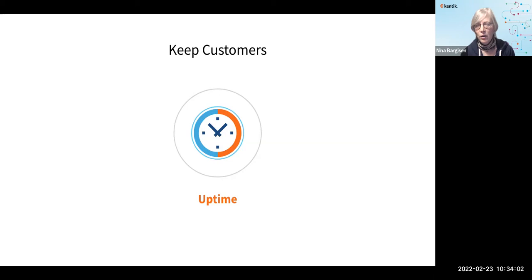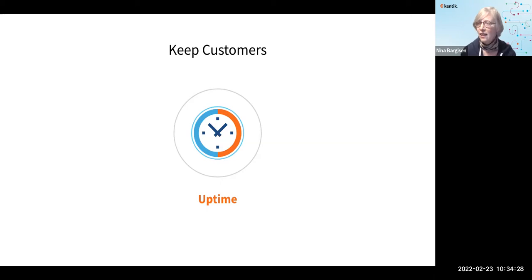They really care about getting to what they want to have on the internet when we're selling them access to the internet. So in order to keep our customers, we have to make sure that they can always get to what they want. The purpose of the service they're buying from us is that it would be available whenever they want to use it.